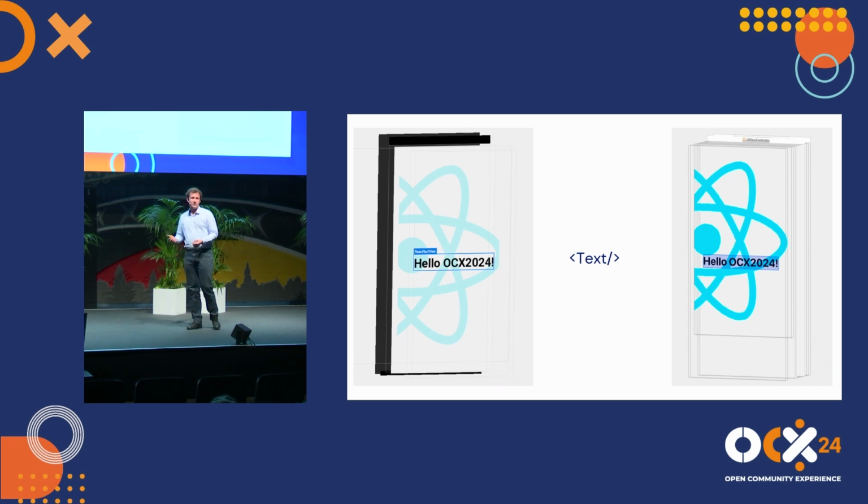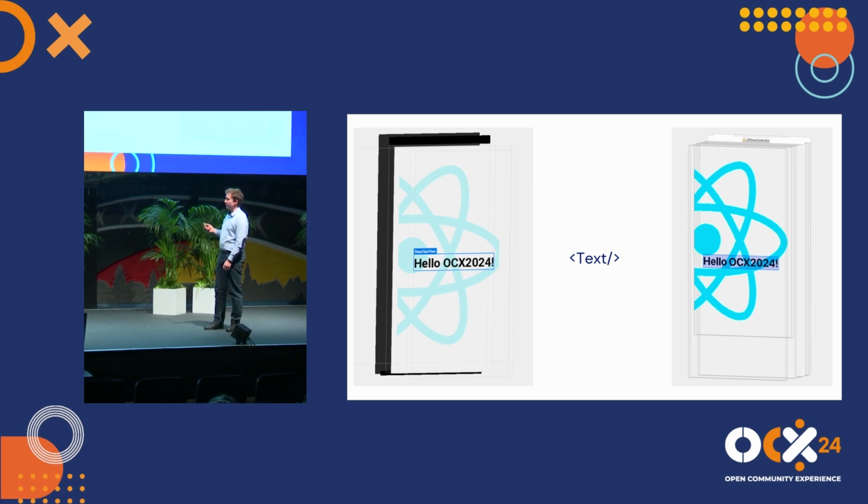Because in React Native, you write your UI like in React using JSX, but you use mainly core components provided by React Native, for example, like Text in this case. And when you create your component tree on the JS side, what the framework does is basically create a corresponding component tree using host native views on the native side.